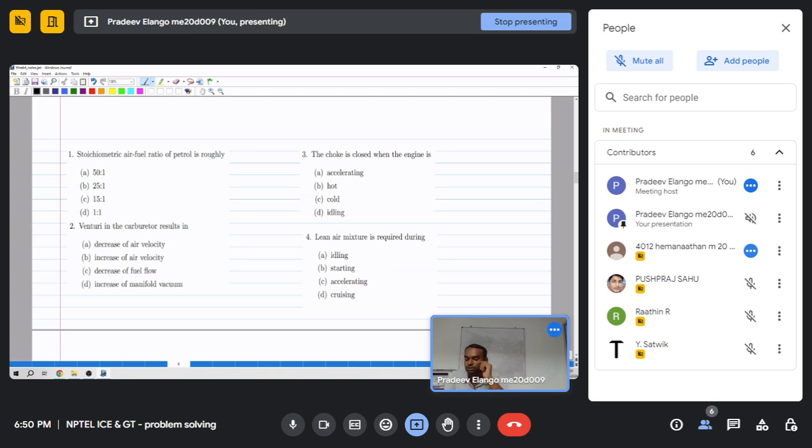Now, the stoichiometric air fuel ratio of petrol is roughly 50:1, 25:1, 15:1, or 1:1.